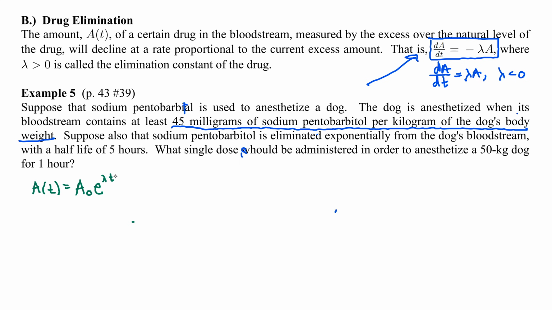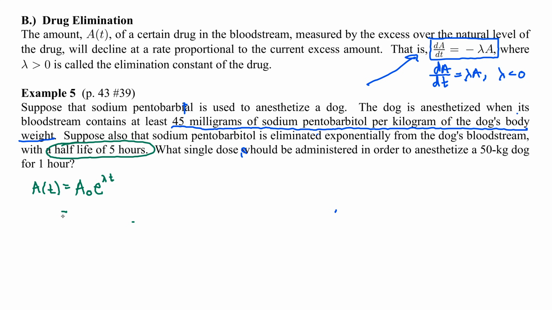Lambda is the rate of decay, and A naught is the initial amount of the medicine in the bloodstream. In order to make a good conclusion about this question, we're going to need to know the decay rate lambda. We need to find lambda. So let's use the clue about the half-life. The half-life is given to be 5 hours.